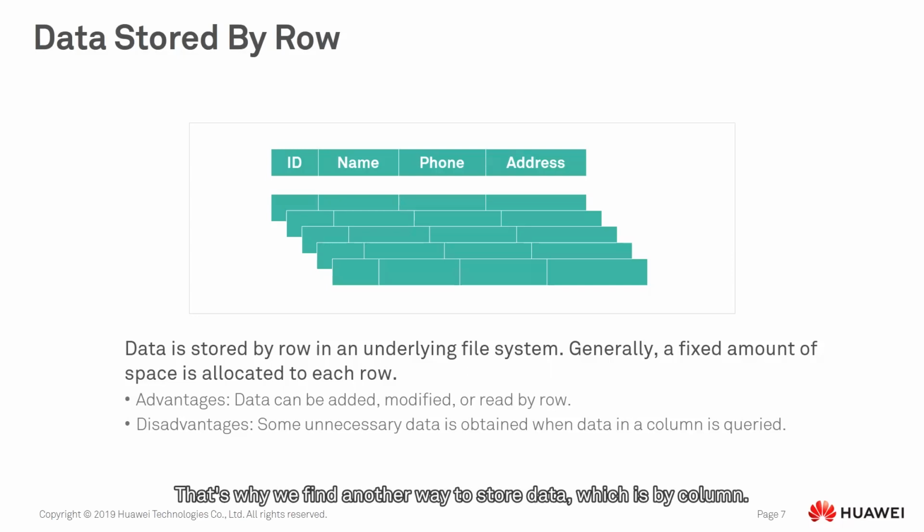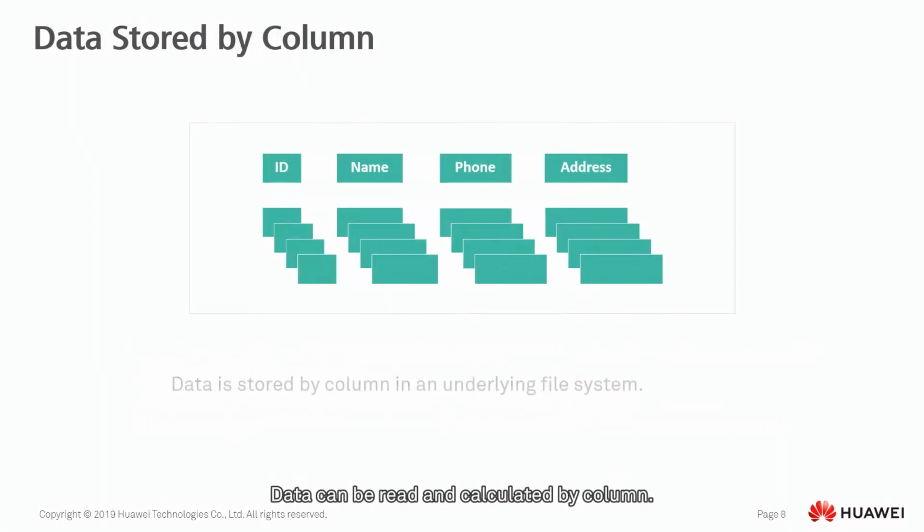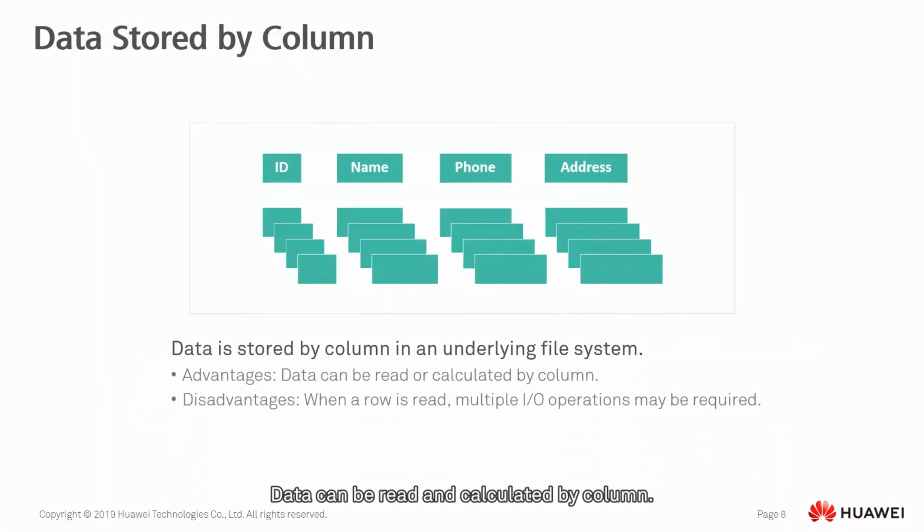That's why we find another way to store data, which is by column. Data can be read or calculated by column, but when a row is read, we need multiple I/O operations. So in HBase, data is stored by column. This is what we call column-based. It's different from relational databases. Let's go back to see other differences.